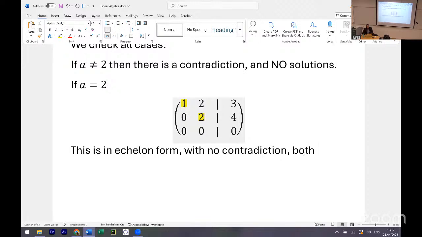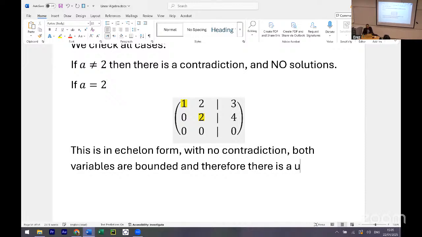Both variables are bounded, and therefore, what is the conclusion? There's no free variable. How many solutions? There is a unique solution. And again, in our experiments, that's exactly what we found out.